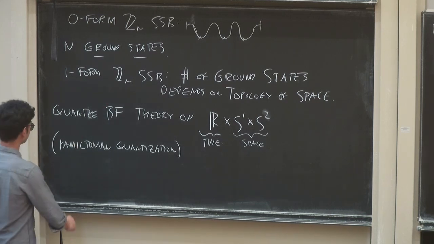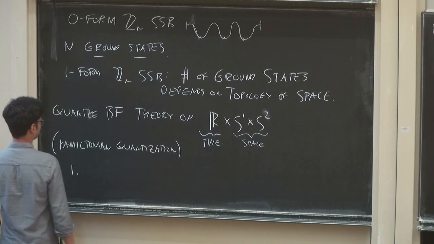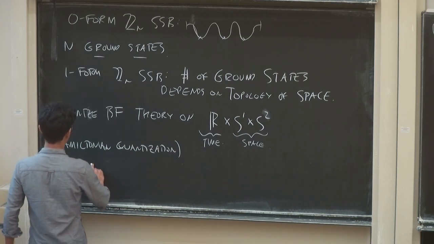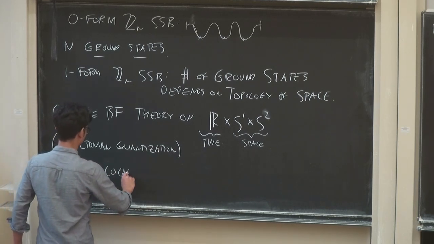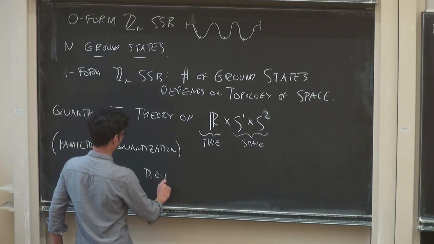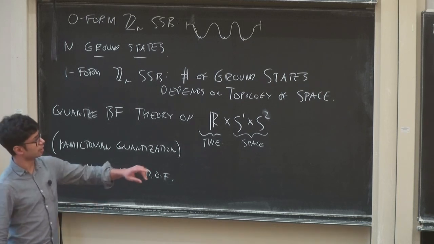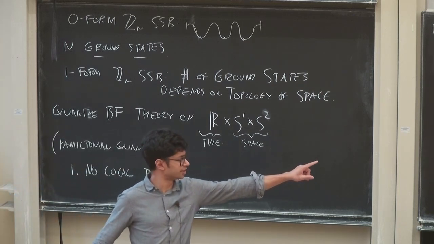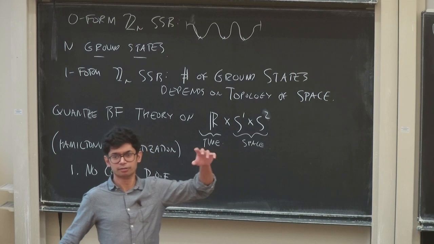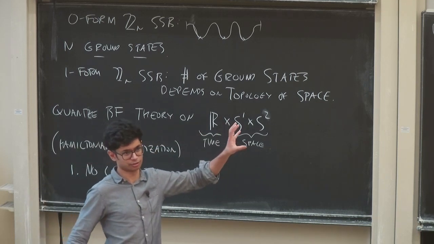Now, the first thing is that there are no local degrees of freedom in the theory. This really comes because the equations of motion, dA equals 0, dB equals 0, really just set all local degrees of freedom to 0. That's why.